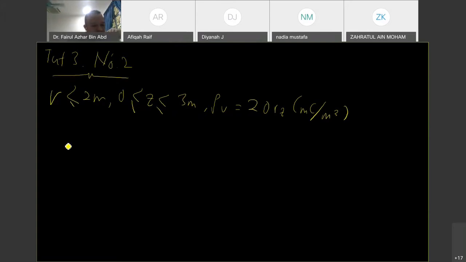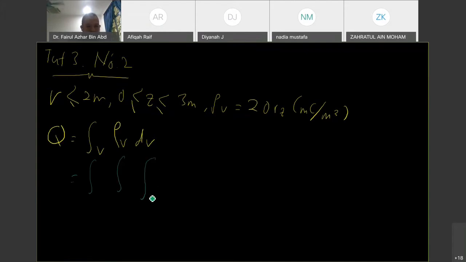As you can see in the tutorial question, we need to find the Q with the given rho v. So we have Q equal to the volume integration of rho v dv. Because we are dealing with a cylindrical system, we will have a triple integration.